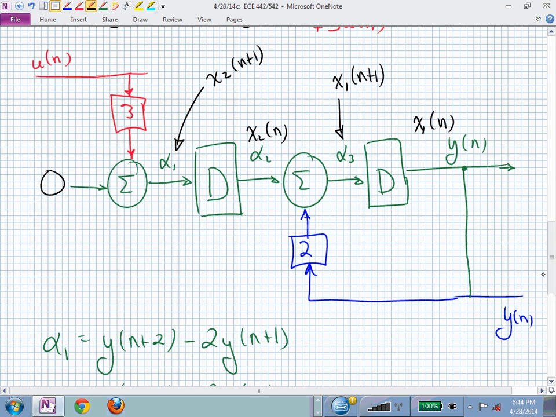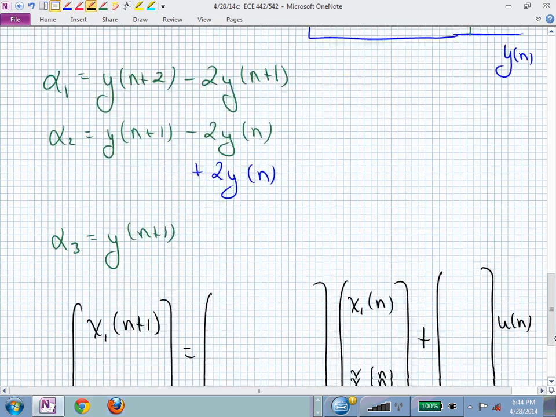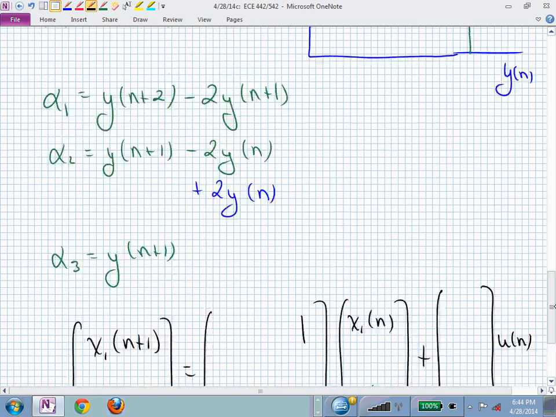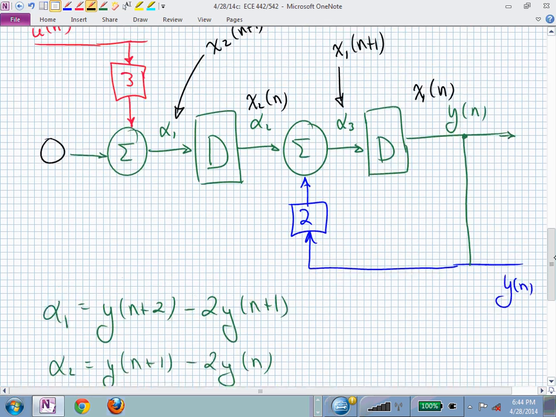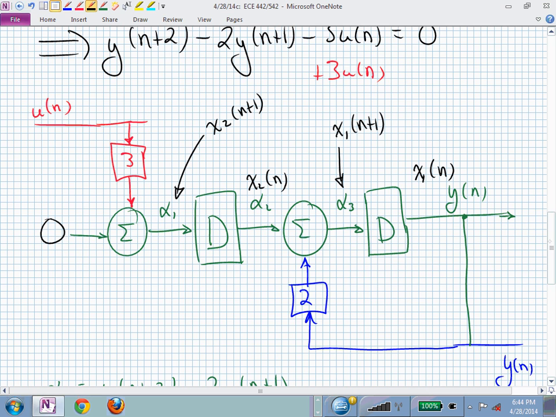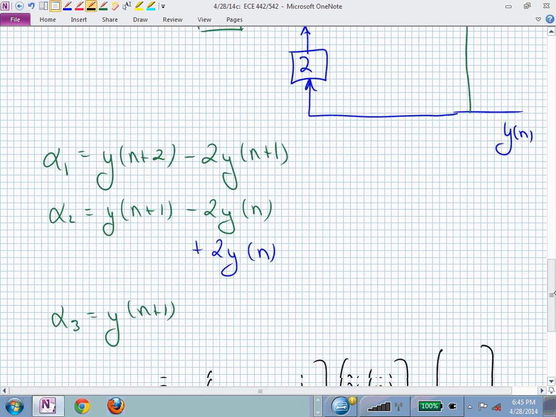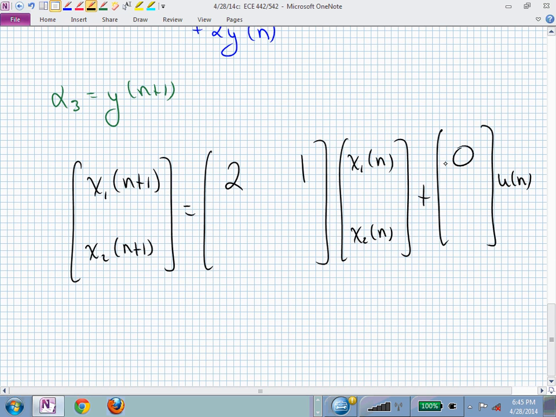And now x1 of n, that output of that summing junction has to equal the inputs of that summing junction, and I have it equal to x2 of n and 2 x1 of n. And was there any input u directly coming into this rightmost summing junction? No. So my top row in the input matrix is 0.